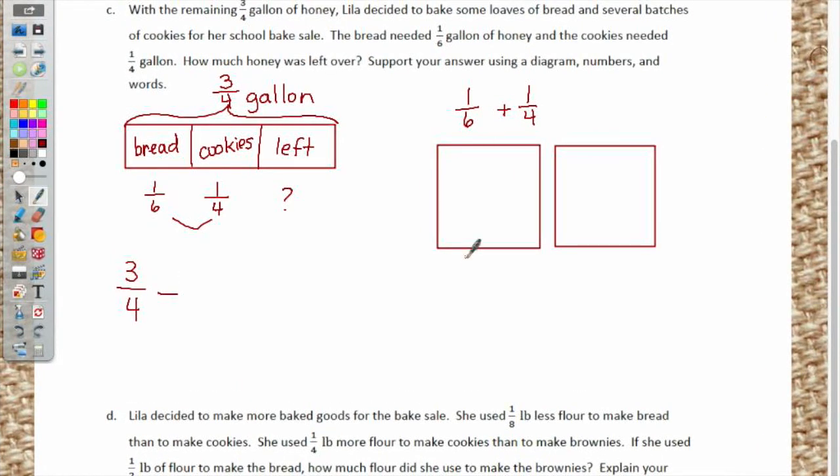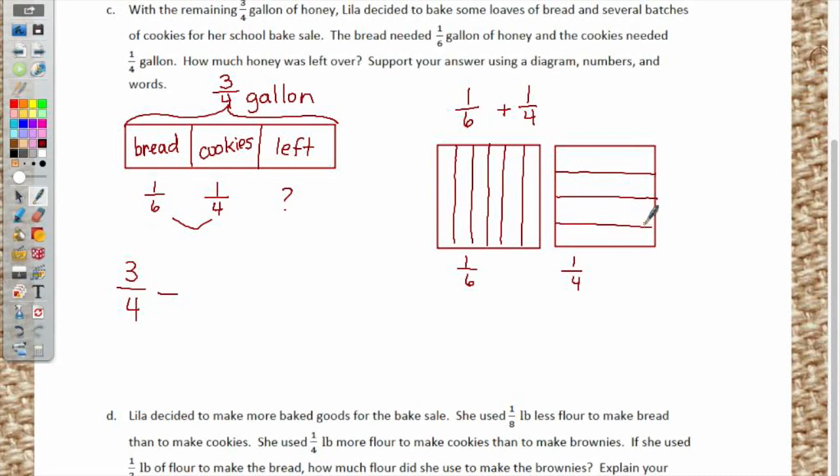I'm going to show 1/6 here and 1/4 here. And what kind of fraction has 1 on top? What do we call those? Just a 1, no? Improper is where the larger number's on top. Unit fractions, very good.